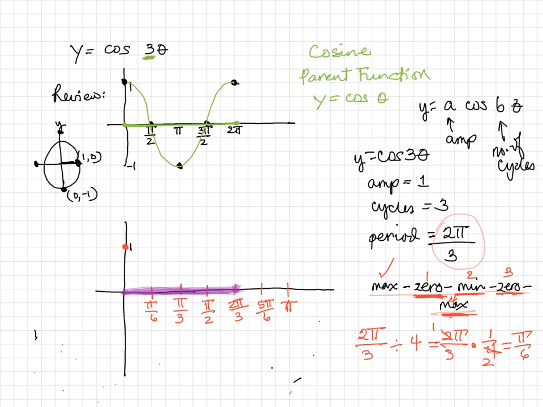To plot our points, we already have the maximum here. I need a 0 next, so 0 will be here. The minimum after that will be here, and then 0 again.